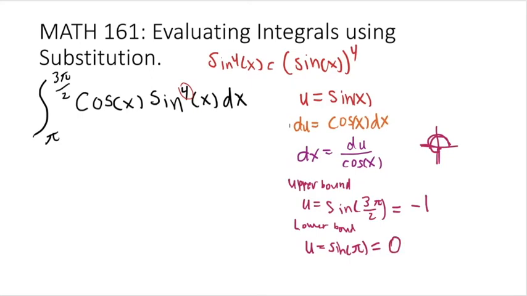So now let's set up the new integral. It's going to be from our new lower bound 0 to our new upper bound -1. We'll explain what to do in a situation like this in just a second. And it's going to be cosine x, because we didn't do anything with it, and our sine x is what we're substituting, so it's going to be u to the 4th.